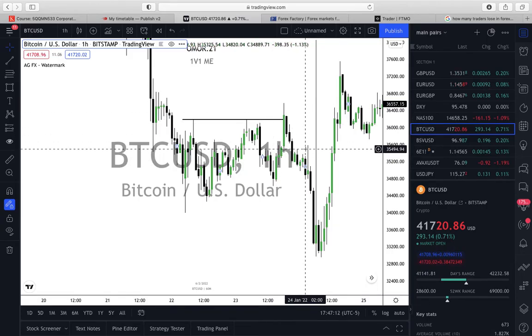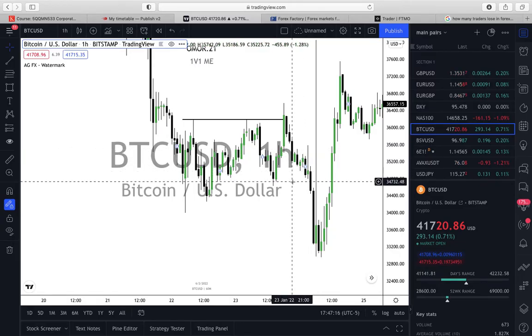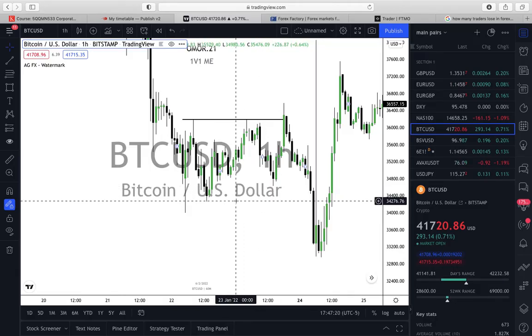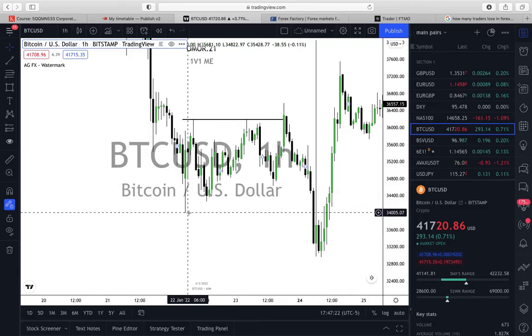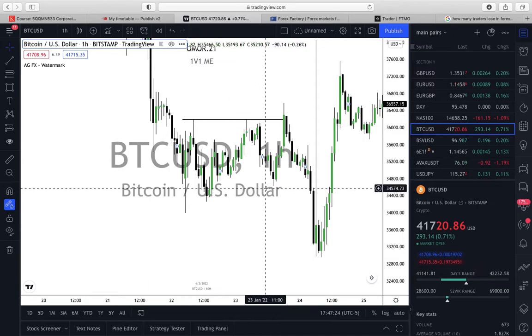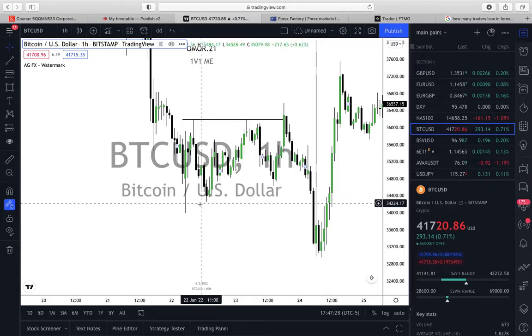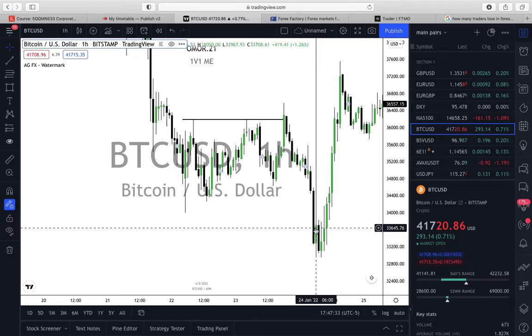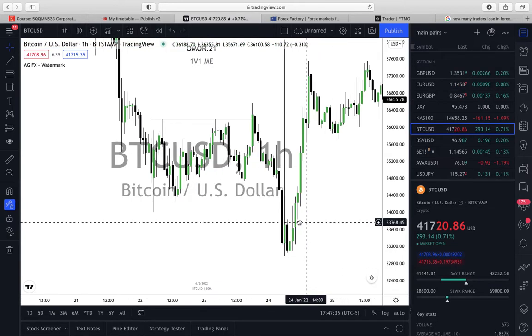Sell side liquidity. And where is sell side liquidity? Under old lows. Under every single low, there is liquidity. Your first target would have been this low, and this low. And what did price do? Delivered just that. Yeah.